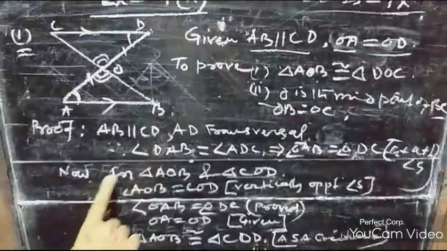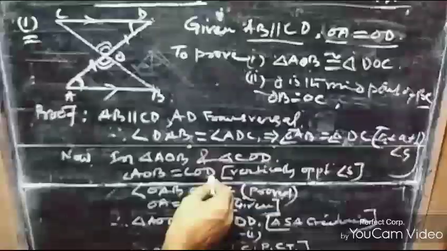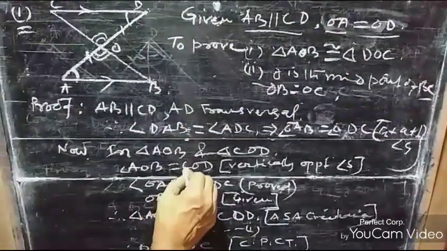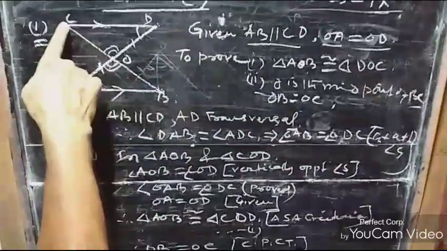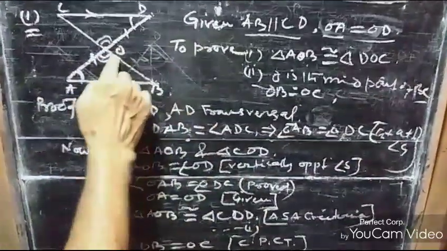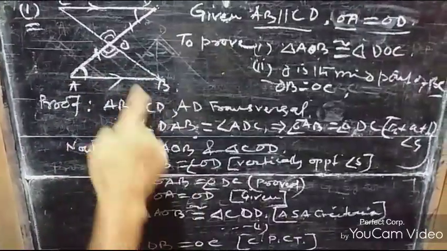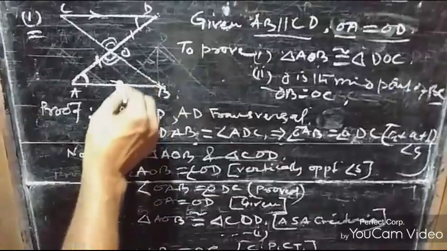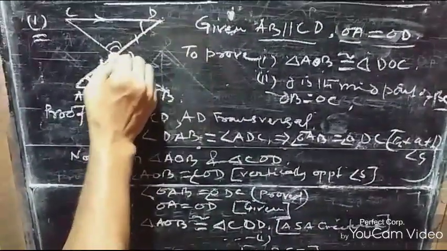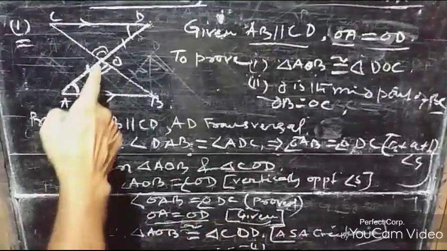Now in triangle AOB and in triangle COD, angle AOB equal to angle COD. This is vertically opposite angle. And now angle OAB equal to angle ODC, just now proved. And AO equal to OD. It is given.